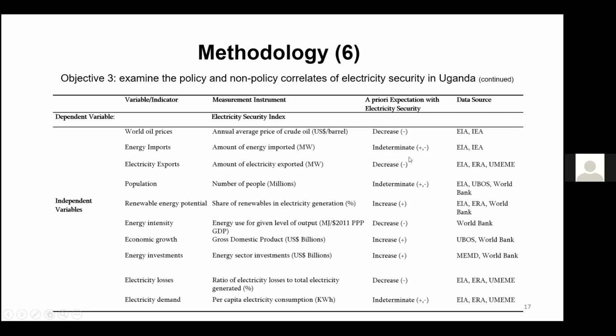For exports, the hypothesis here is that an increase in electricity exports, other factors constant, would reduce electricity available back at home. And that's why we have a decrease. But this is, of course, hypothetical, starting from this point. Population: the number of Ugandans going up should increase electricity security because it would be a drive for government to invest more in electricity to meet the growing population's needs.